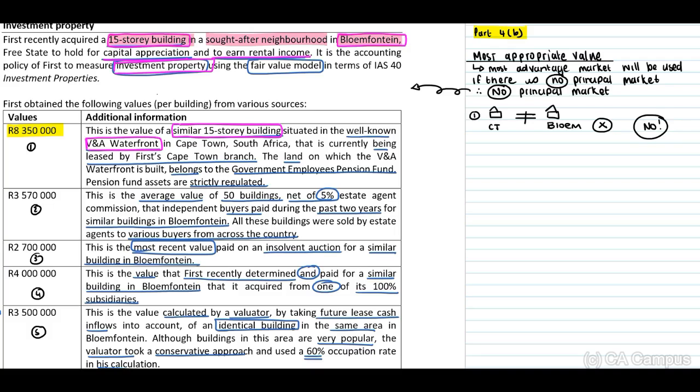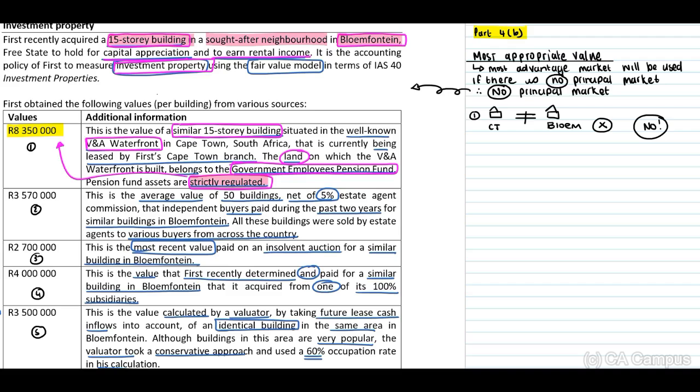And then they also indicate to us that the land on which the V&A Waterfront is built belongs to the Government Employees Pension Fund, and this is strictly regulated. Look at this. Now they provide us with a value relating to land which is strictly regulated.